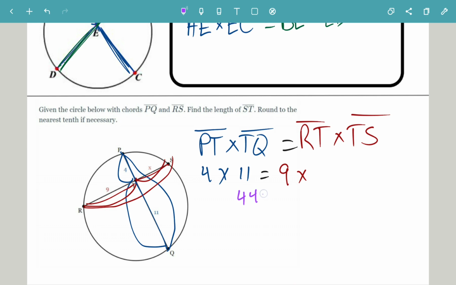This is 44 equals 9X. 4 times 11 gives you 44. Divide both sides by 9. You get about 4.9 equals X. Round to nearest tenth. And that's it for this problem. So the product of each segment of both chords are equal to each other.